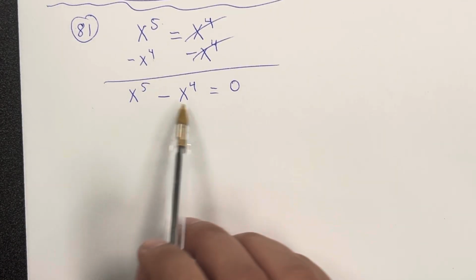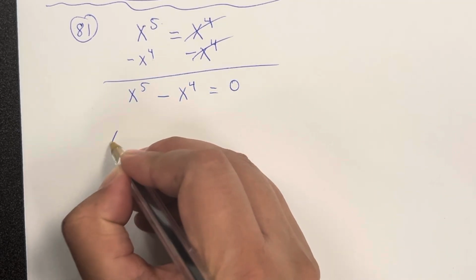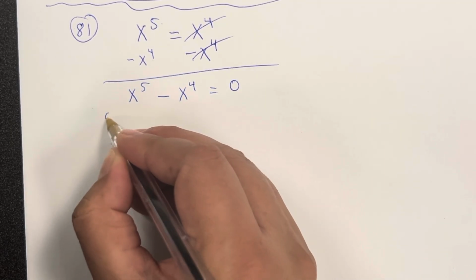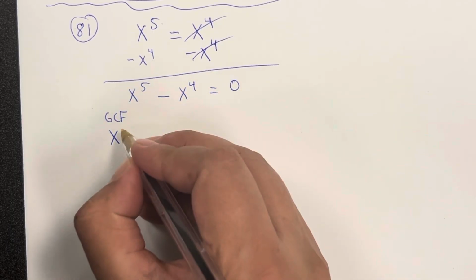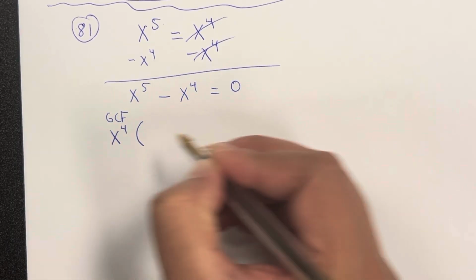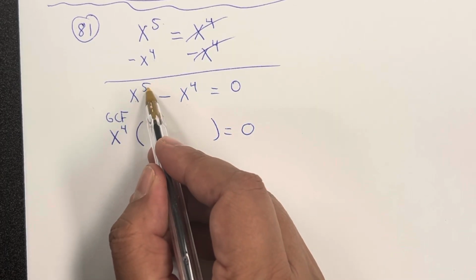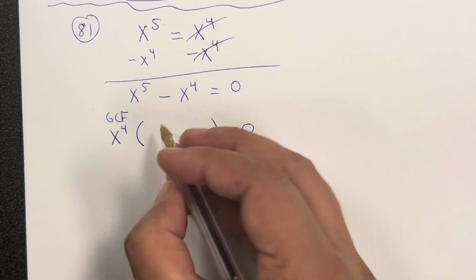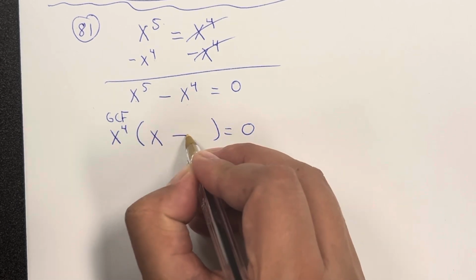Since both terms have a variable, then outside, the greatest common factor is going to be x with the smallest exponent, which is 4. We open our parentheses and start dividing. X to the 5th power divided by x to the 4th is going to be x. Negative divided by positive is negative.